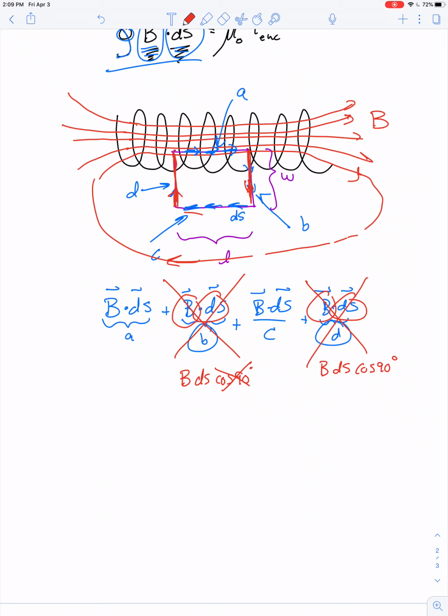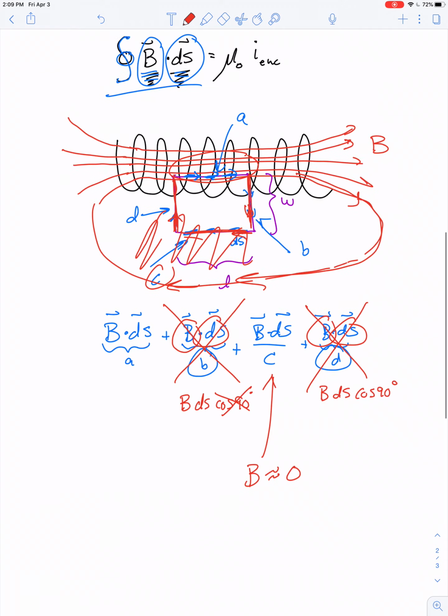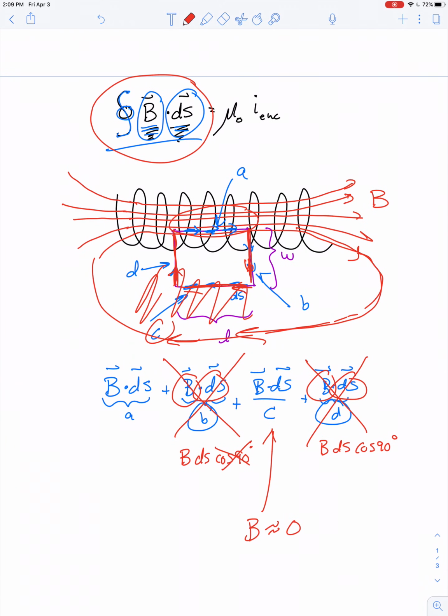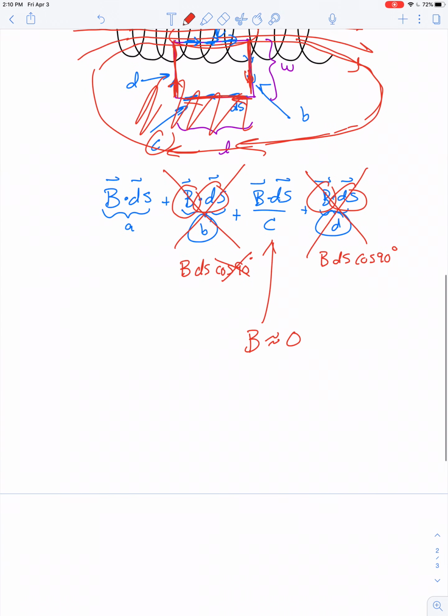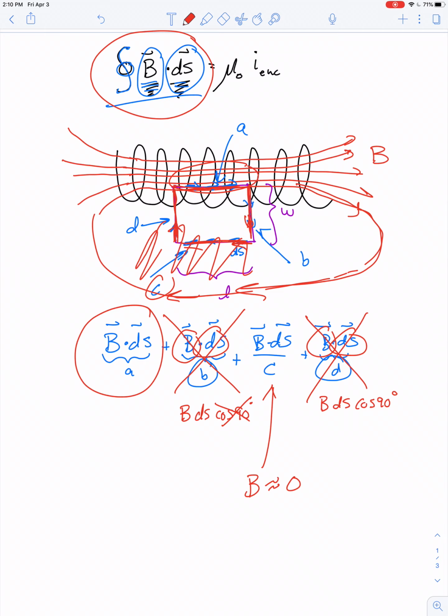And then for part C, this side, there is a product. The magnetic field points this way. ds points in the same direction, but the field is so weak out here compared to the interior of the solenoid that we'll say for this part the magnetic field is practically 0. So really, to find the total amount of product of field and path length, I just need to calculate the portion of it along side A of my Amperian loop.